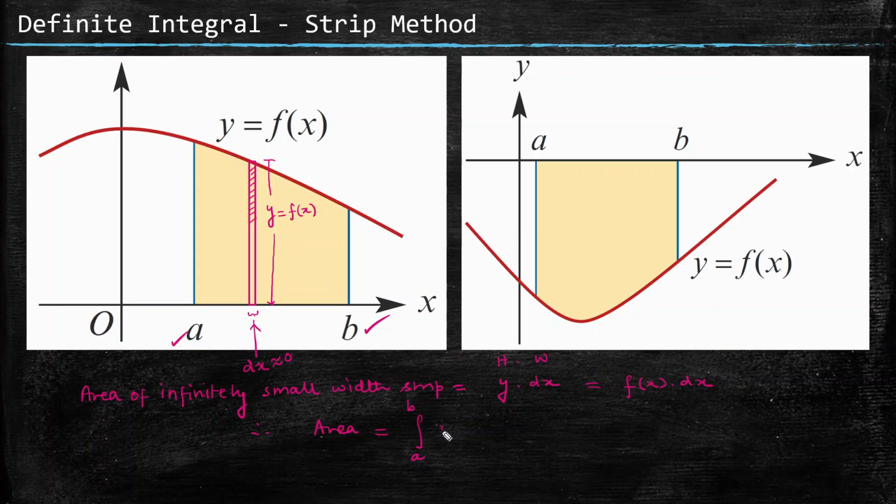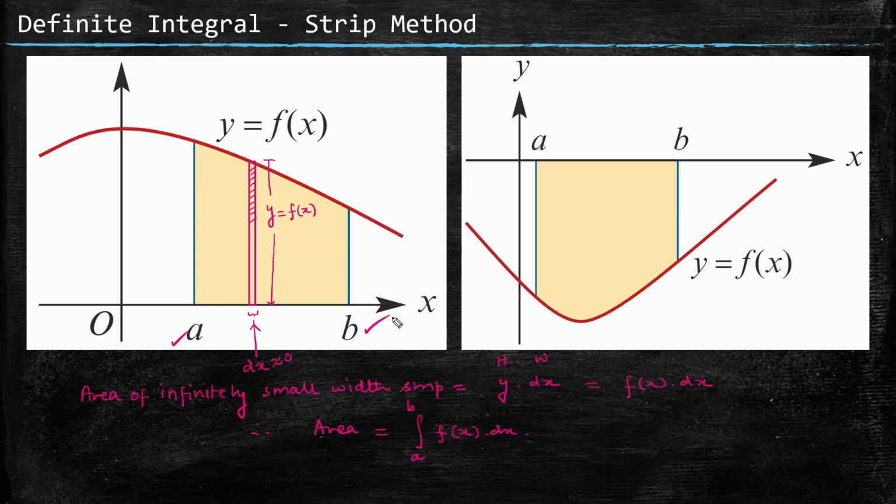So the area calculation can be carried out by doing the integral of f of x times dx from A to B. And that's how we calculate the area.